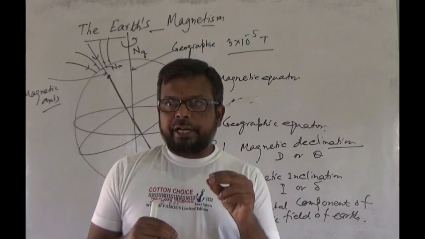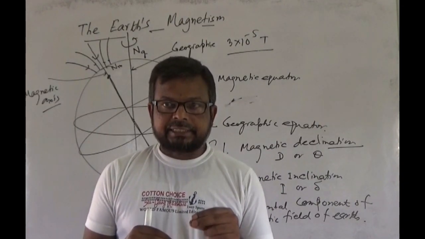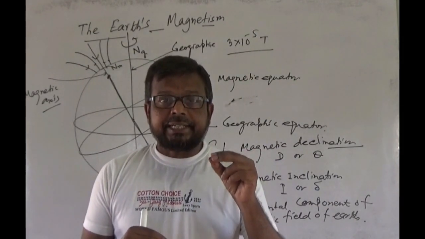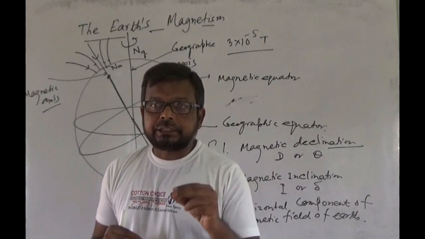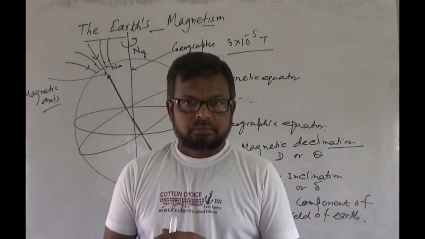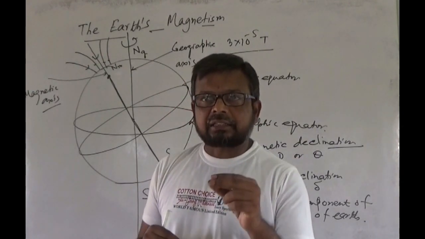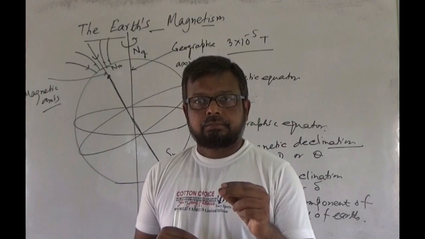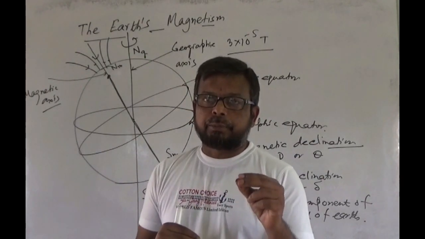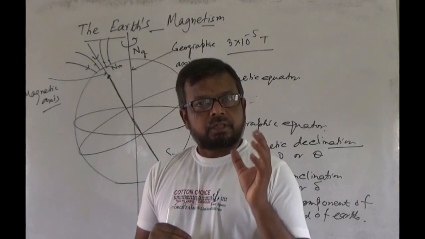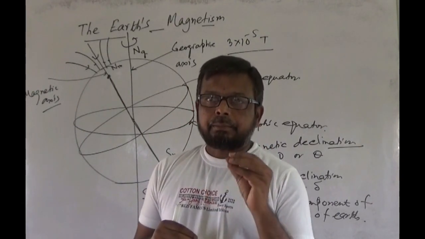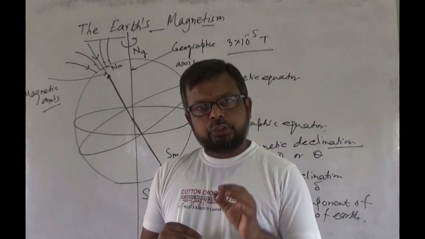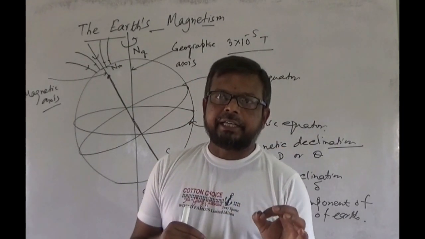Since the line joining the magnetic poles, that is the magnetic axis, is tilted with respect to the geographic axis of the Earth, the magnetic meridian at any point makes an angle with the geographic meridian.